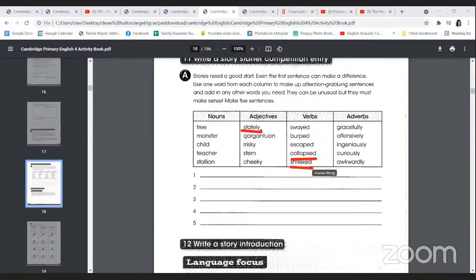Collapse means fall down, escape, run away. Offensively is like annoying, and ingeniously from the word genius, clever. Curious is you want to know something. Awkward is very weird, uneasy.